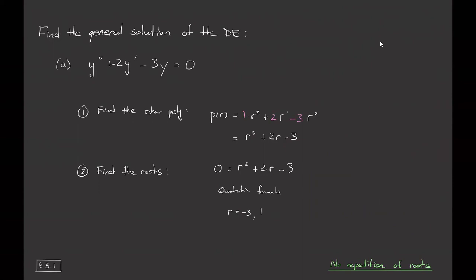Okay, we get 2 roots using the quadratic formula or factoring. So we get r as negative 3 and 1.